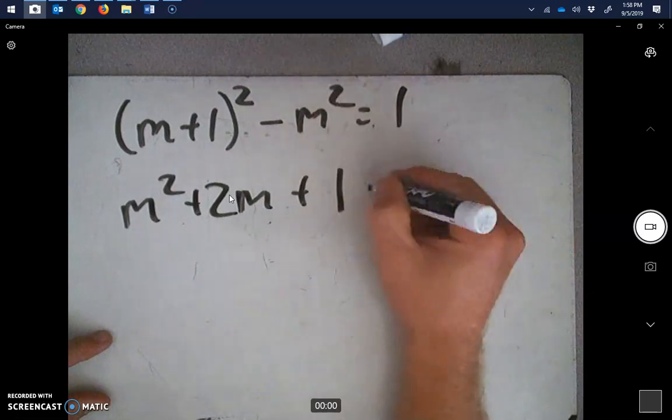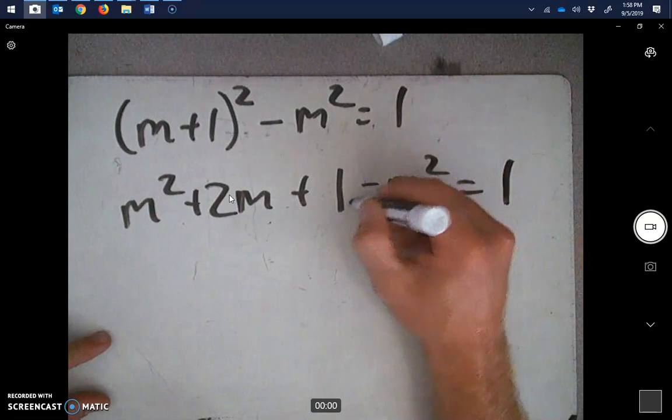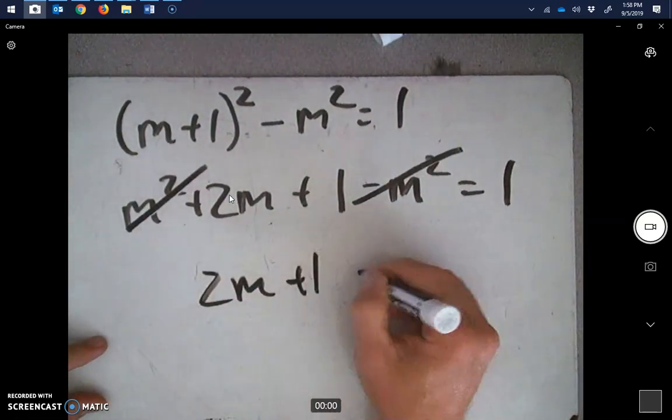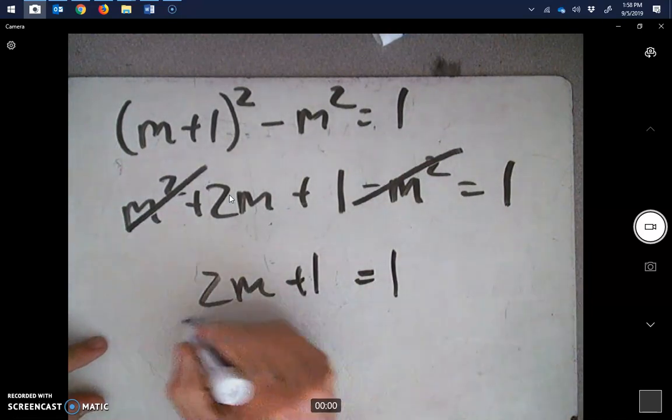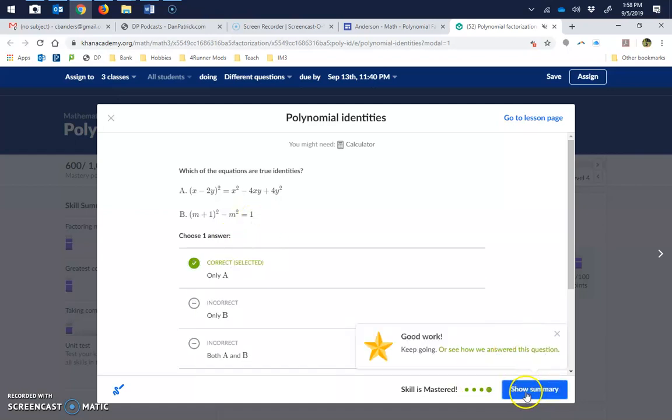And then we have minus m squared equals 1. So the m squared will cancel out. So we have 2m plus 1 equals 1. And that's the problem right here, is the 2m. So B is wrong. Only A is right. This should equal 2m plus 1, not just 1. And we're done.